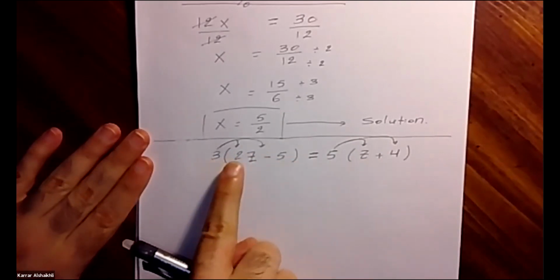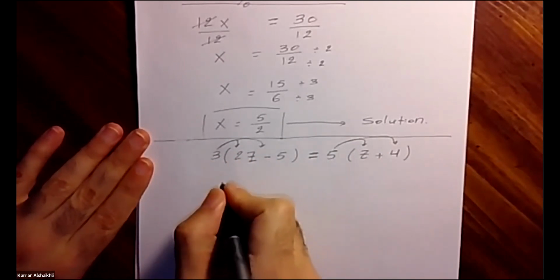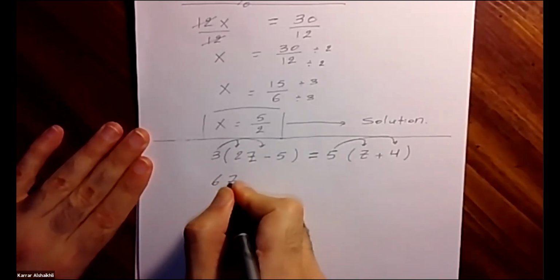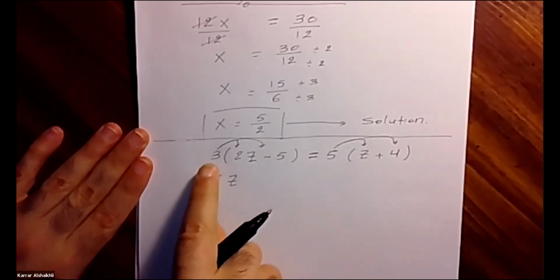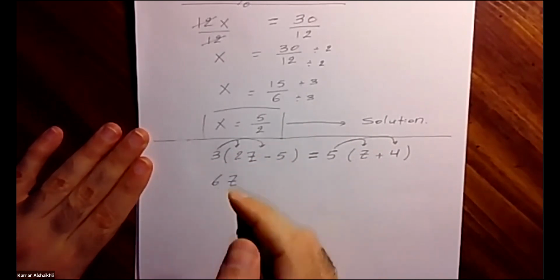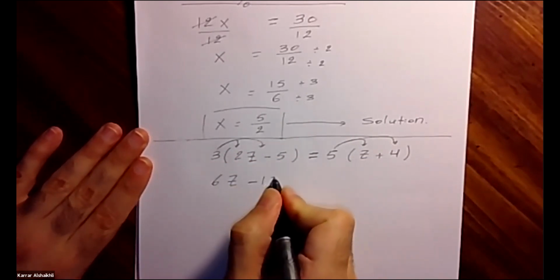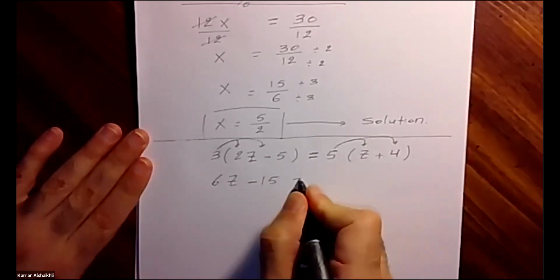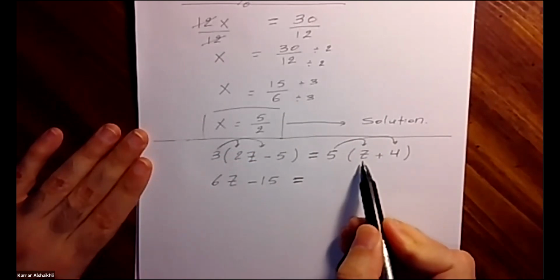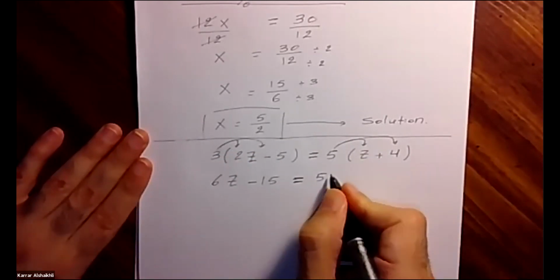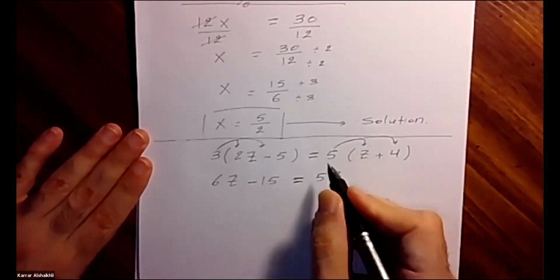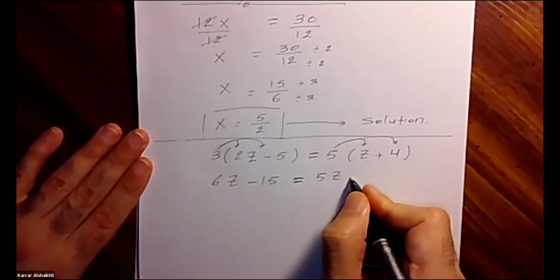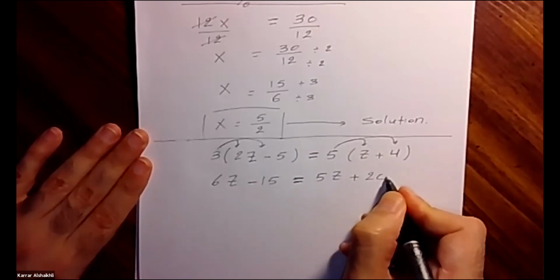So I'm gonna say 3 times 2 is going to be 6z. 3 times -5 is going to be -15, equal 5 times z is going to be 5z. 5 times 4 is going to be plus 20.